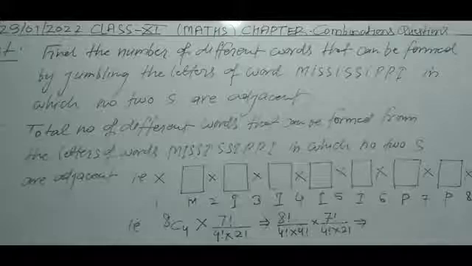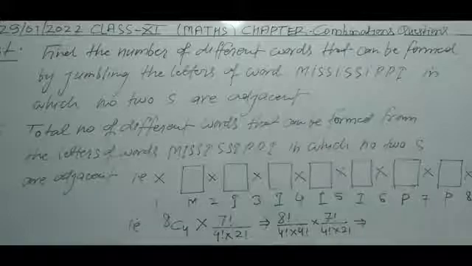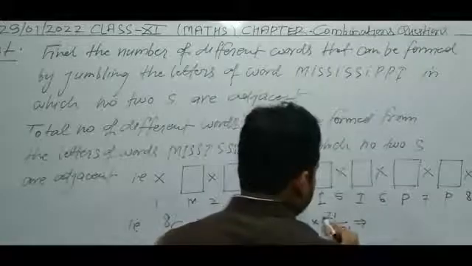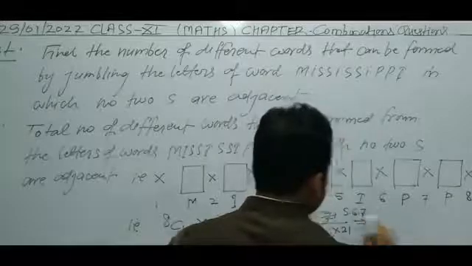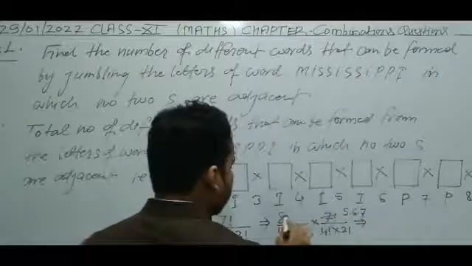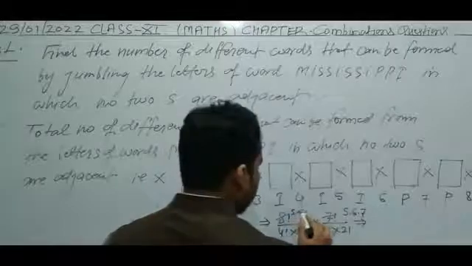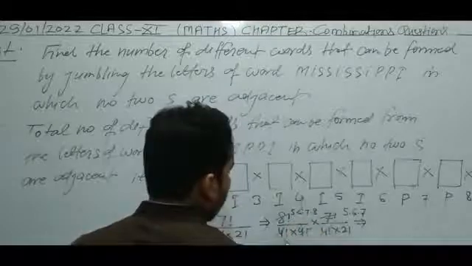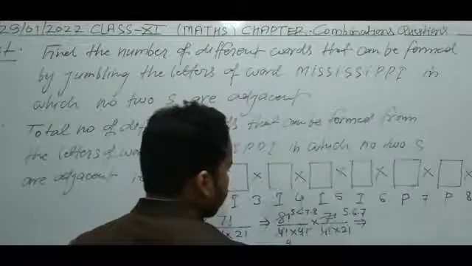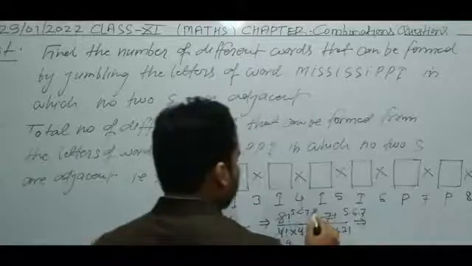What will be the answer? After calculation, the factorial 4 terms will cancel, and the result will be 5, 6, 7 and 8. The 6 and 4 will cancel against 8, because 6 times 4 is 24 and 8 cancels from this.